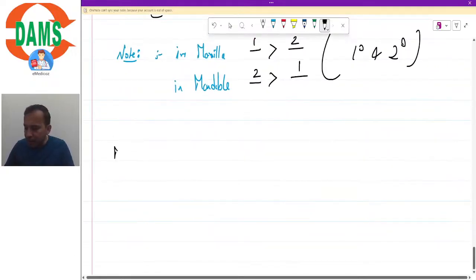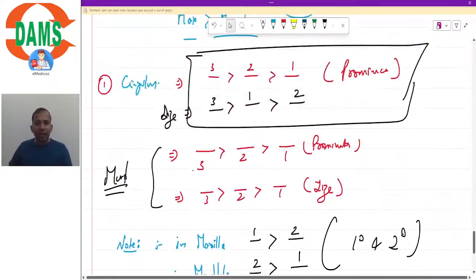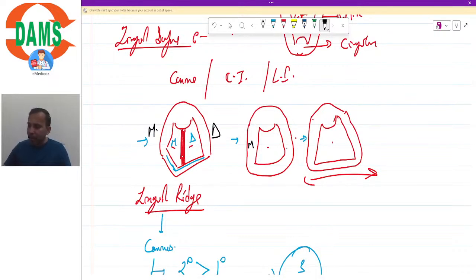Then the marginal ridges. Now, when we talk about the marginal ridges, there are two marginal ridges, isn't it? Let's go back to this diagram. There are two marginal ridges, a mesial marginal ridge and the distal marginal ridge.